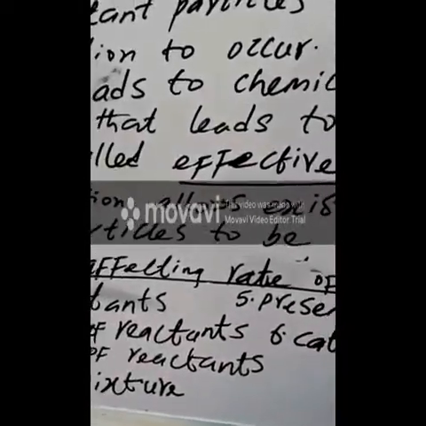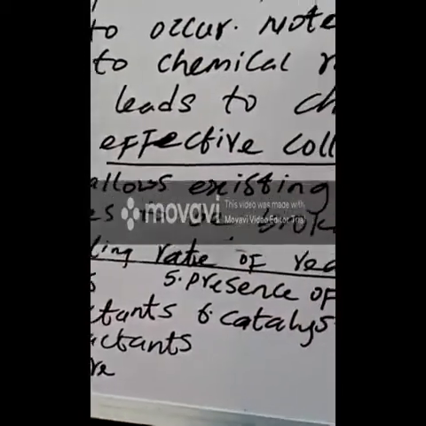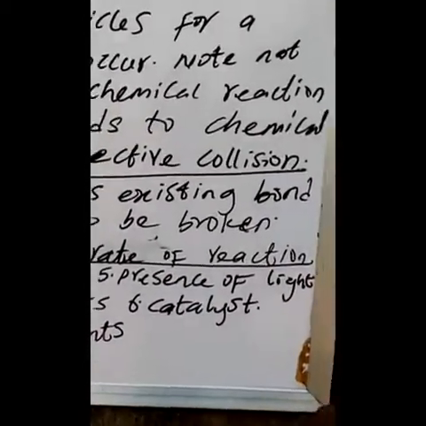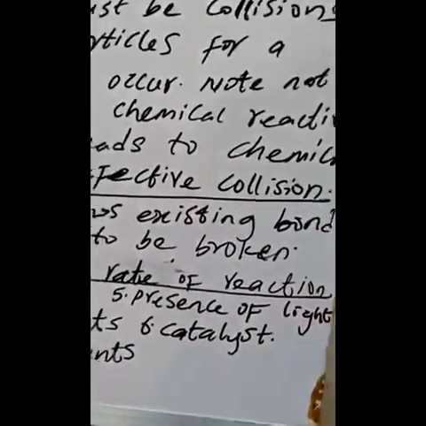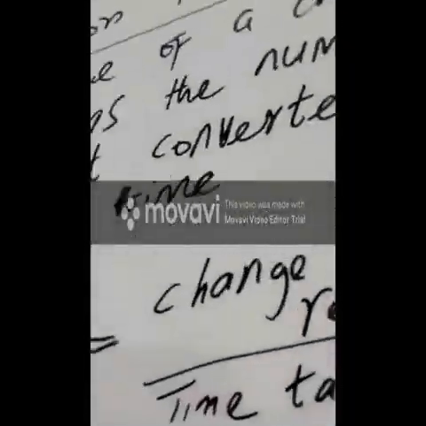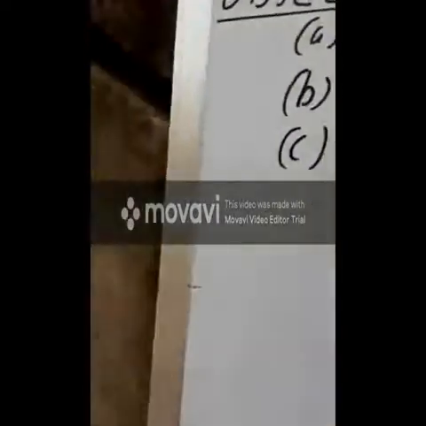Now, how does a catalyst affect the rate of a chemical reaction? It does that by lowering the activation energy. It's just like an energy pathway.